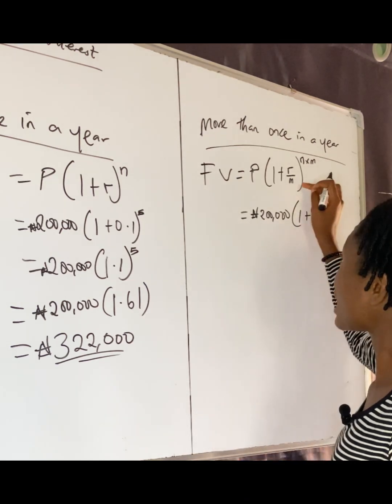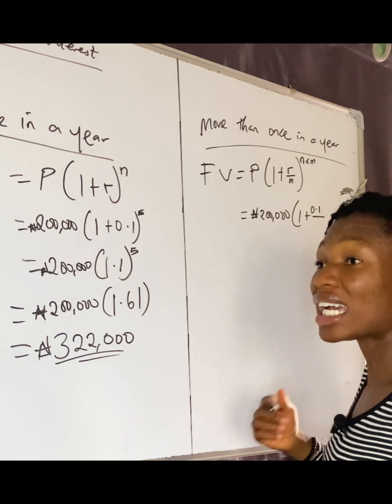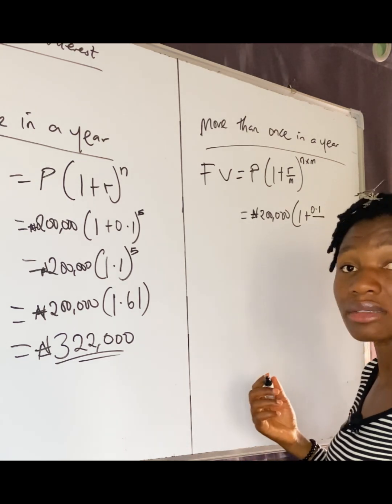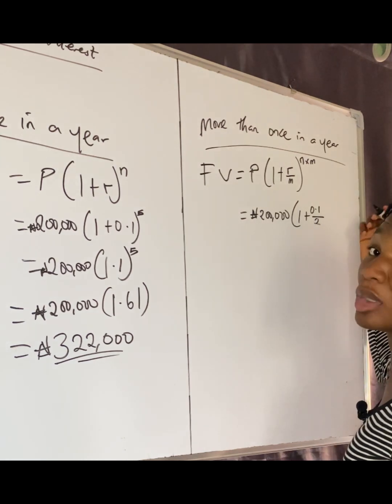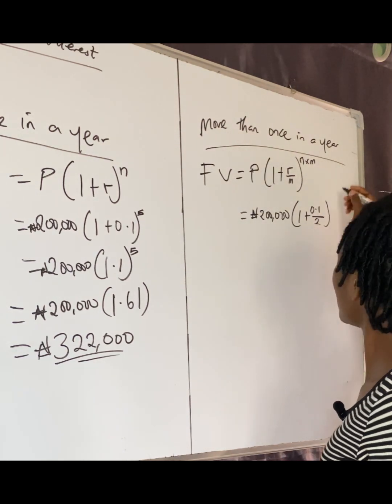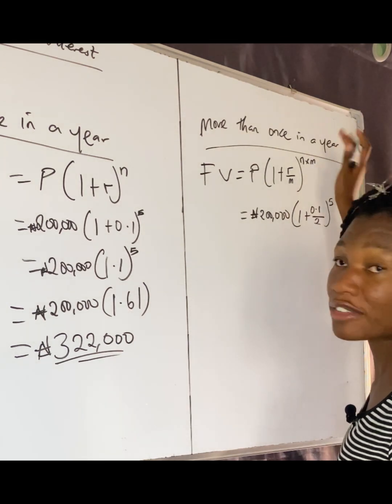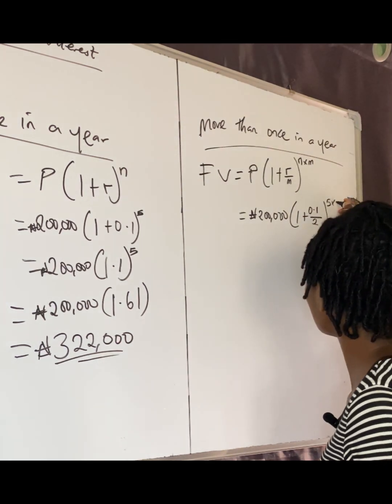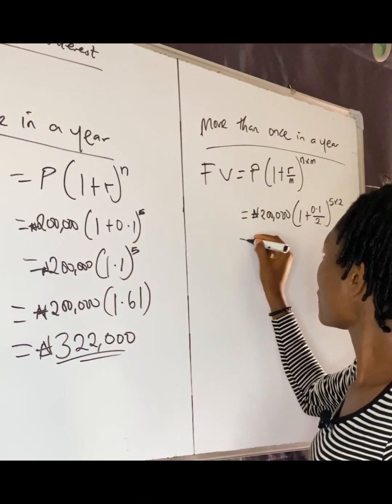We are going to be receiving interest twice in a year, that is every 6 months. So this is over 2, the number of times interest is paid in a year, and then the number of years is 5, multiplied by the number of times interest is paid in a year, which is 2. So we're going to be receiving our interest 10 times. So let's multiply and see.